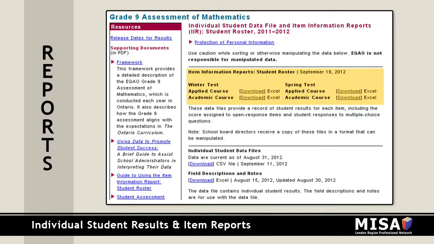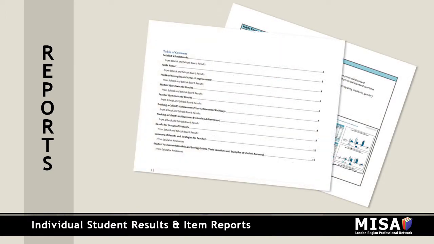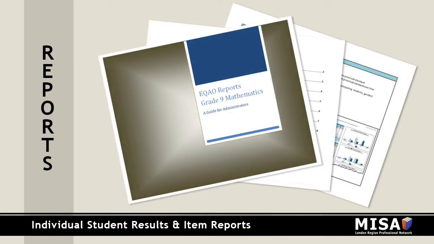These reports provide you with information about how each student and your school performed on specific questions. You can also access your individual student data files, which provide you with an overview of the level of achievement for each student, as well as questionnaire results. For more information on each of these reports, please see the resource guide for a breakdown of the information and how to use each report in your school.